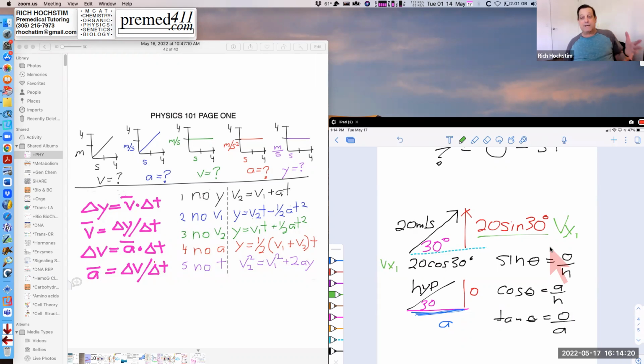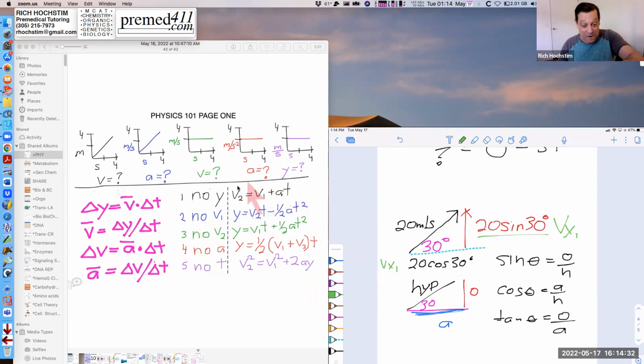And this allows you to do all sorts of cool calculations, because these will be independent of each other. In the vertical direction there will be acceleration. These equations right over here all involve acceleration. But when there's no acceleration, we end up with this equation here: average velocity times time equals the displacement. A very simple equation.